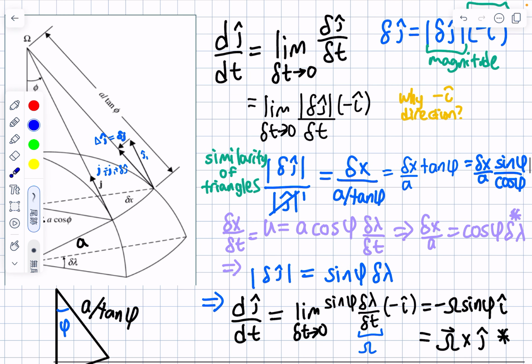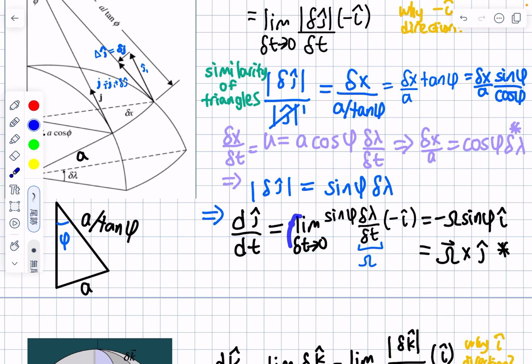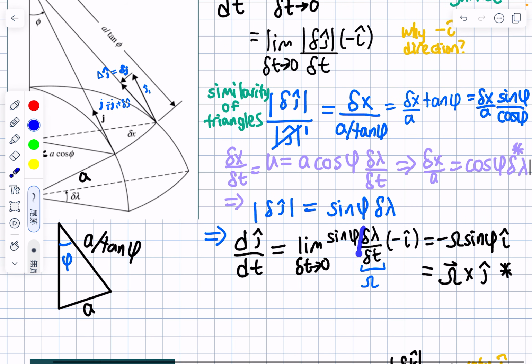So now we have that dj/dt is equal to the limit of this term, and what we have here is sine phi delta lambda. The delta t is still here, the negative i is still here, and this we know is equal to omega. So we have negative omega sine phi i.